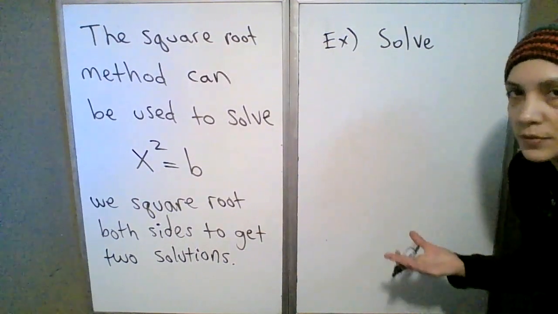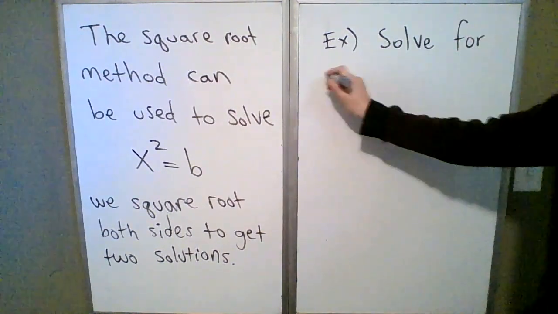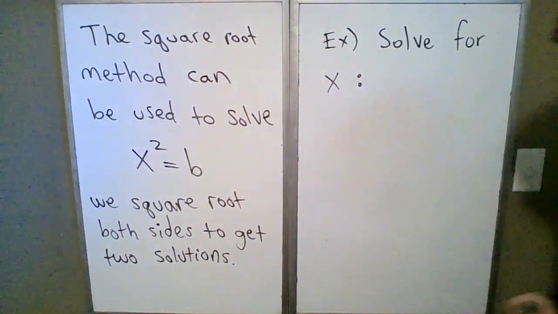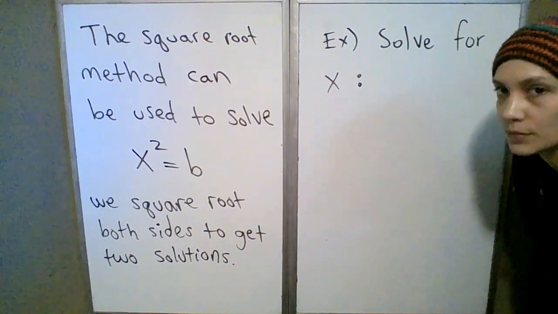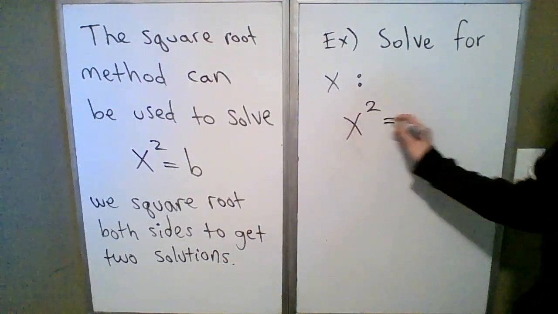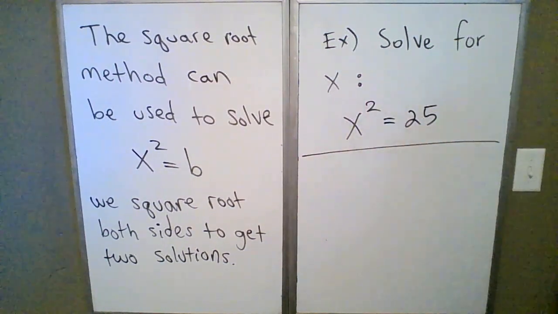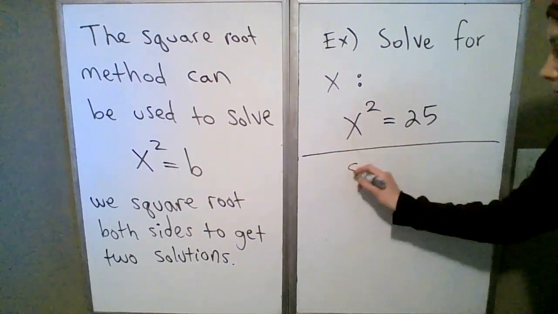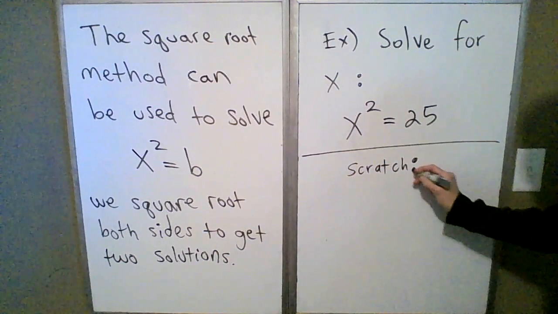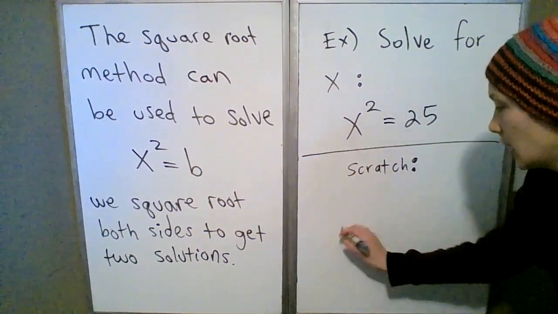Okay, so solve, or you could say solve for x. Put a little bit extra. And you have x squared equals 25. Okay, so I would just copy this down. Take your equation.